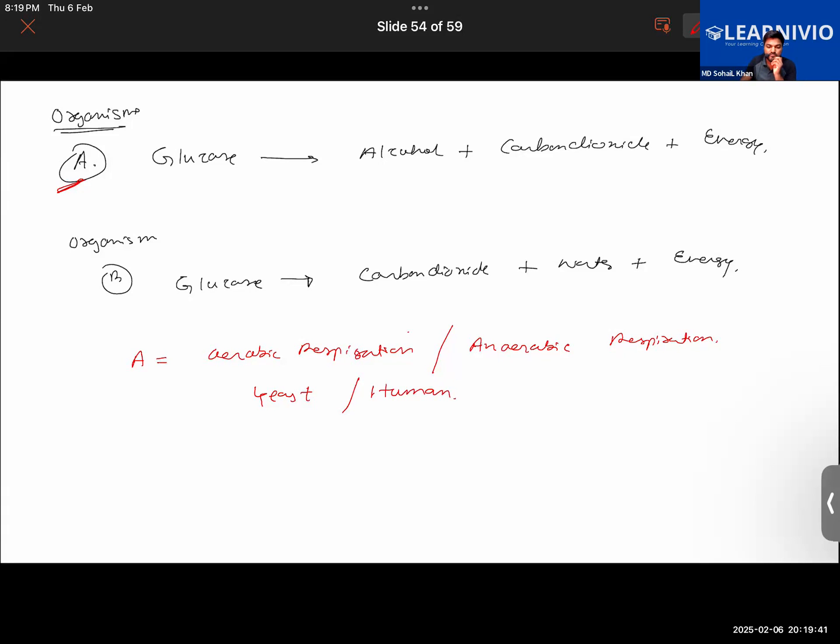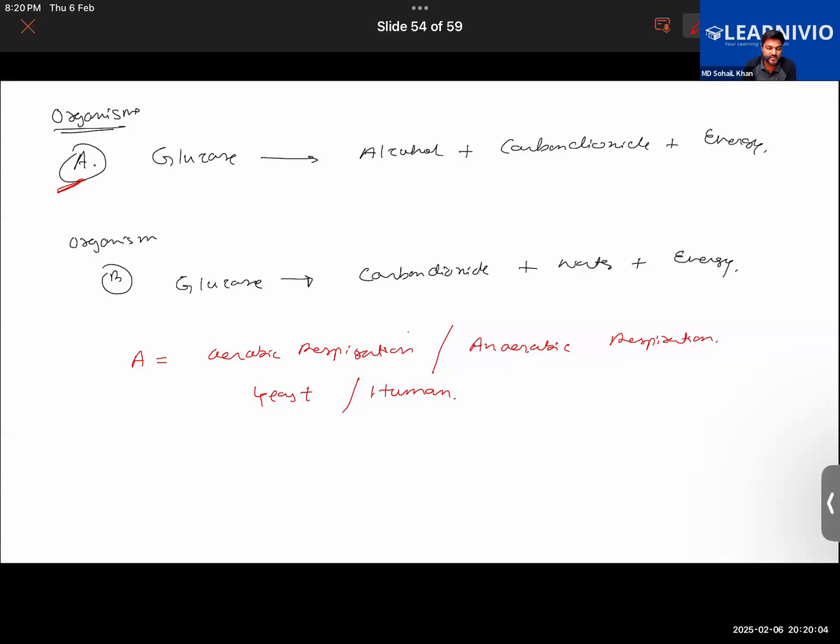Aerobic, human? No, you really need to revise the chapter. I can see that you haven't revised this chapter, Razan. Have you done a reading of this chapter? Not fully.